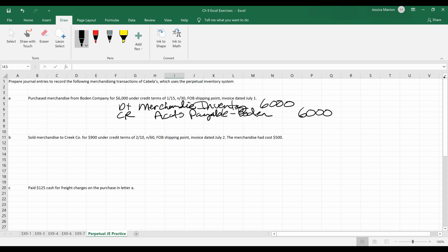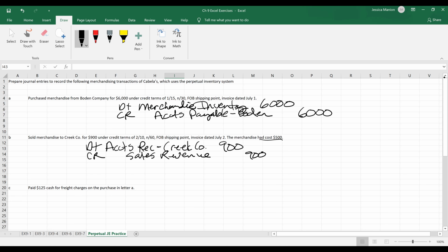So the journal entry to record the sale: debit accounts receivable, Creek Company, $900. Credit sales revenue, $900. And then we also have to record the cost of goods sold.